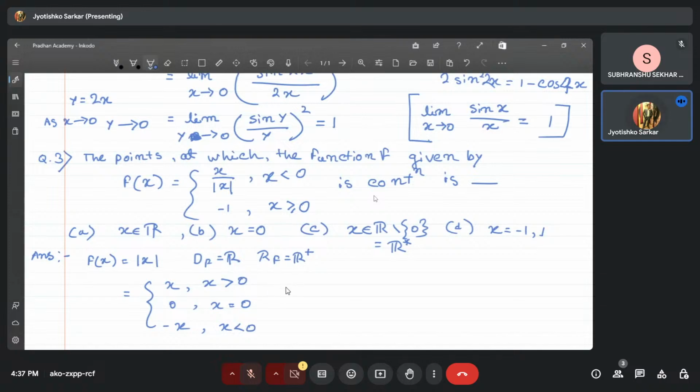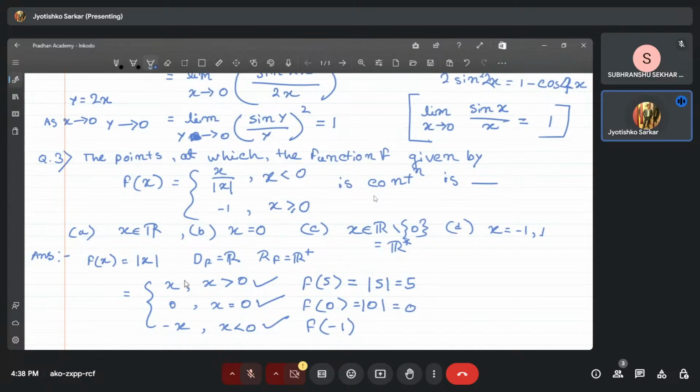Let's take an example. First, we will take a positive real number. Say 5. So we can see that mod 5, as you all know, it is 5. Now the second case, it is trivial. If we take 0, it will give us 0. Mod 0 is 0. Now, if we take -1, we are discussing this case.